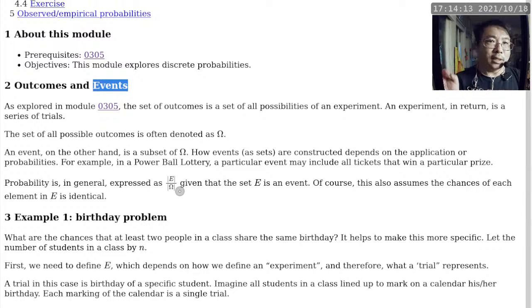That is defined as the probability of E, the probability of whatever event that you're interested in. Are we okay with these terms? The only new term that we have added at this point is the event set. An event is just something of interest to you, and you want to figure out the probability that it is going to happen.